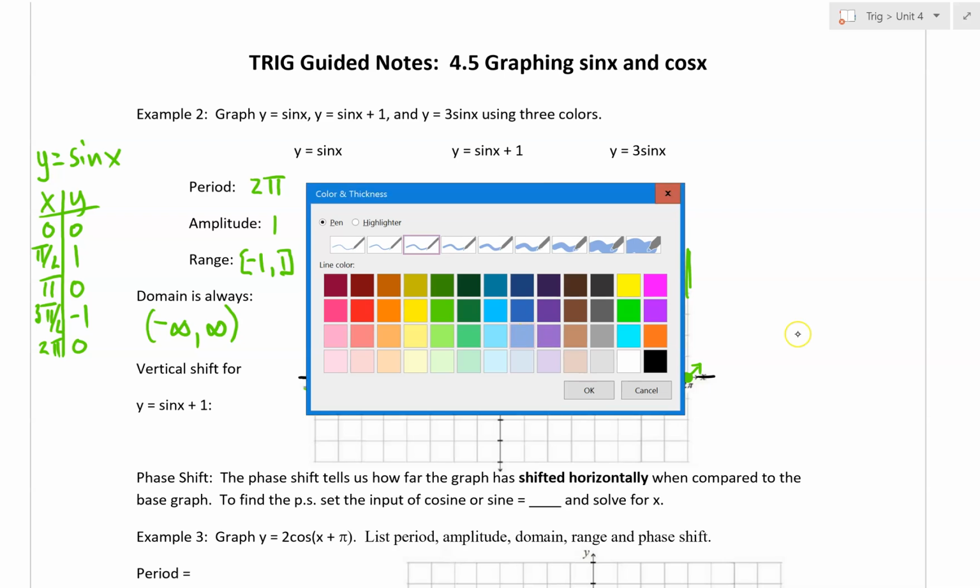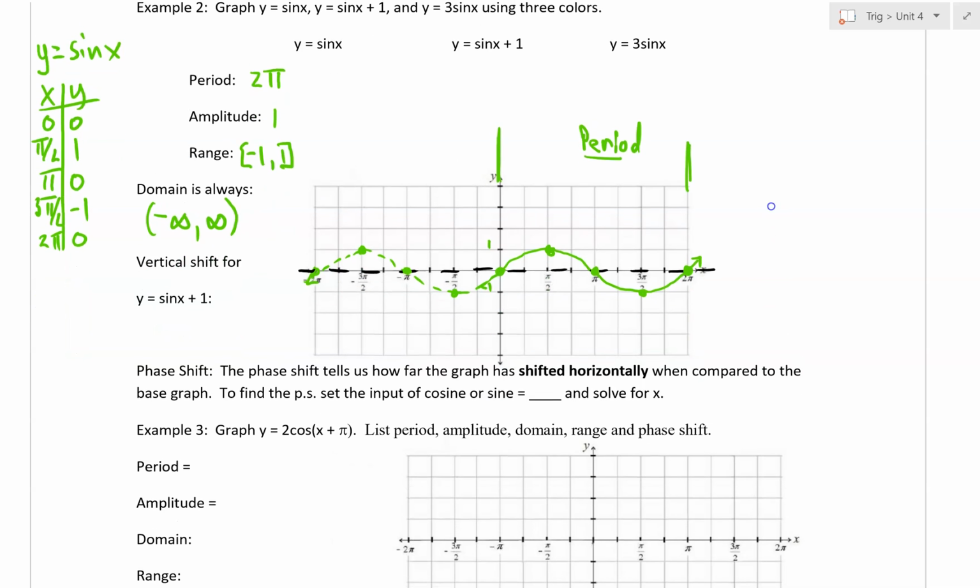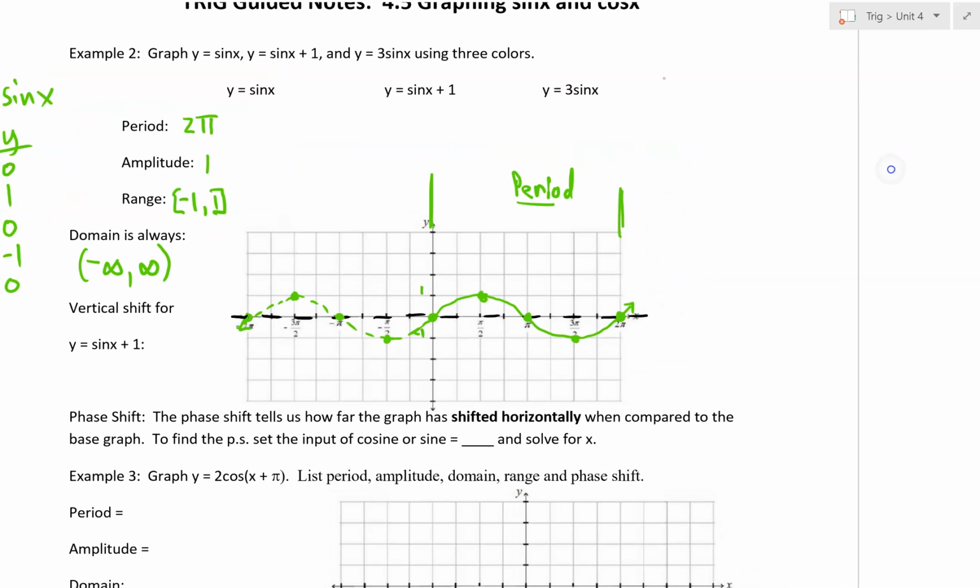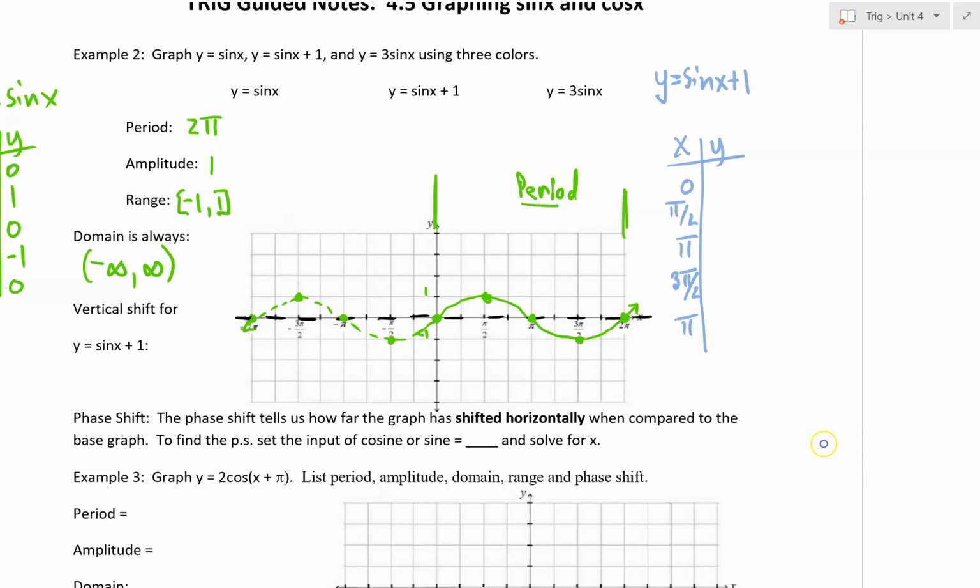For this next one, we're going to plot this thing first, and then we'll work on it. So y is equal to sine x plus 1. We have an x and a y situation. We have 0, pi over 2, pi, 3 pi over 2, and 2 pi.